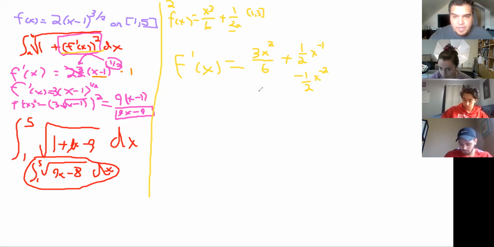This could simplify to a half up here, x squared, plus this is simply 1 over 2x squared. Now what's interesting is we could factor a half out because both of these have halves.